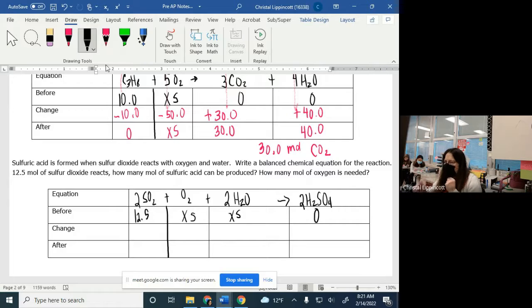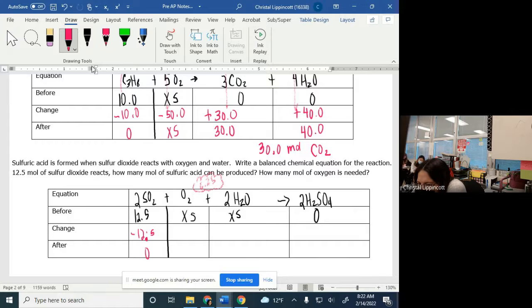So my cloud is going to be what? 6.25. Good. Okay. Using a balance. So that's my cloud. So over here, I'm going to use 12.5. I'm not going to have anything left over.